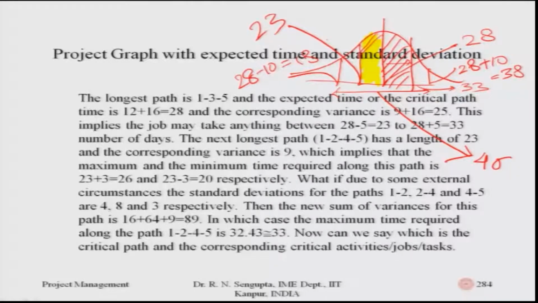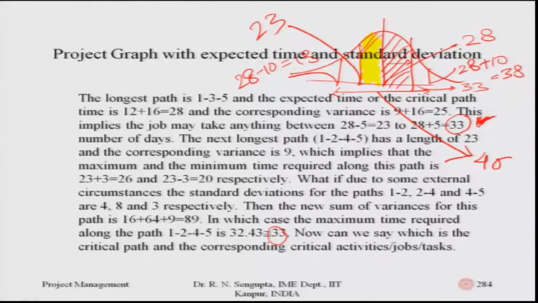So, if you see this 33 value and this 33 value, the first one which is here where I am now pointing the pointer, this 33 is with respect to the critical path and this 33 is with respect to the other path which is not critical.